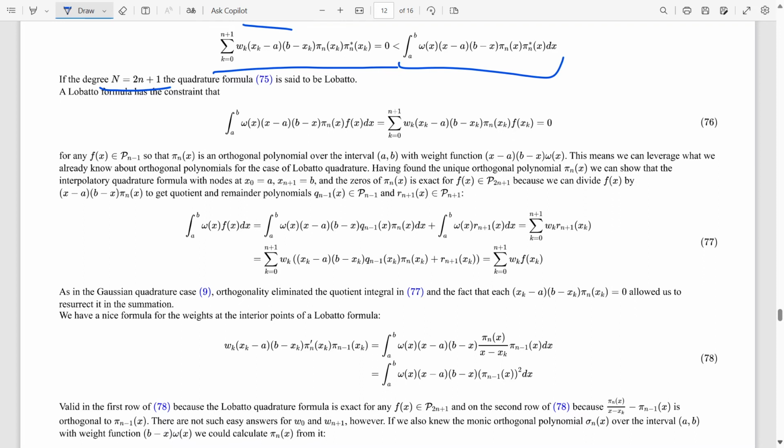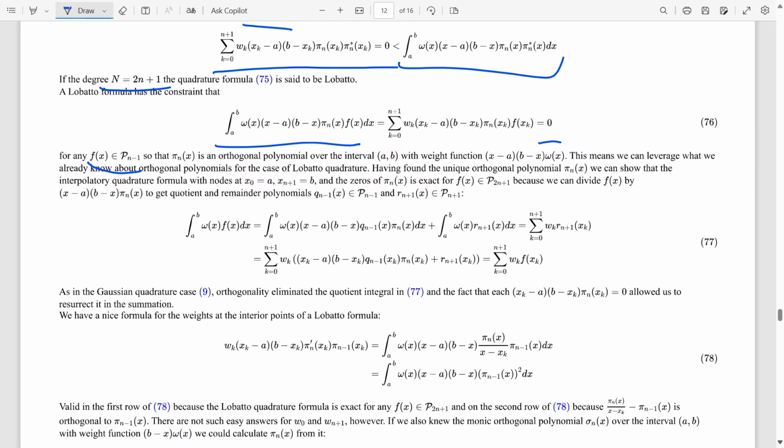If f of x is a polynomial of degree at most n minus 1, then this integral, just applying the Lobatto formula, is 0.